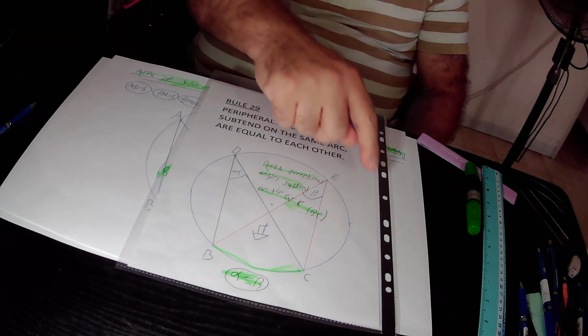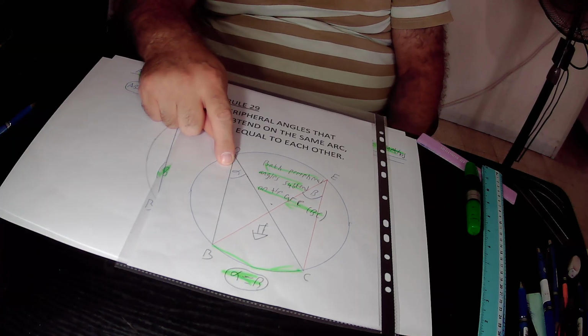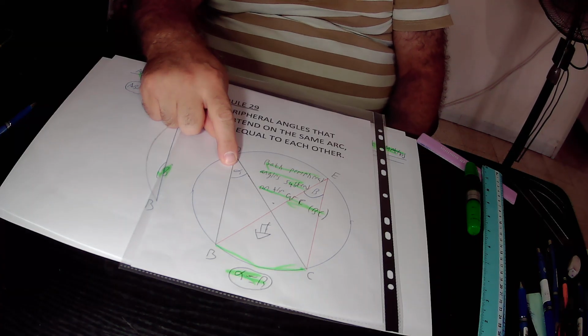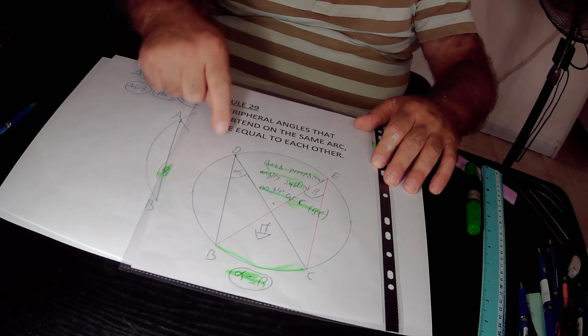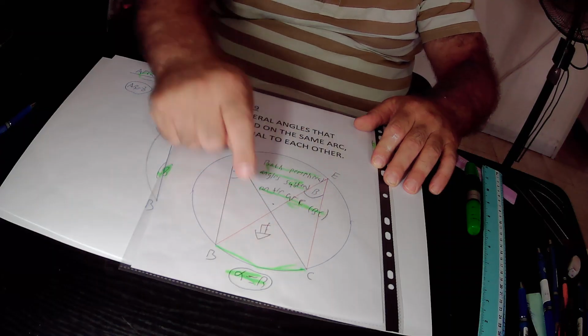So in the drawing we have a circle. This is peripheral angle BAQ. This is equal to alpha according to our definition. Peripheral angle BAQ subtends on arc BC. Again, peripheral angle BAQ subtends on this green arc BC.